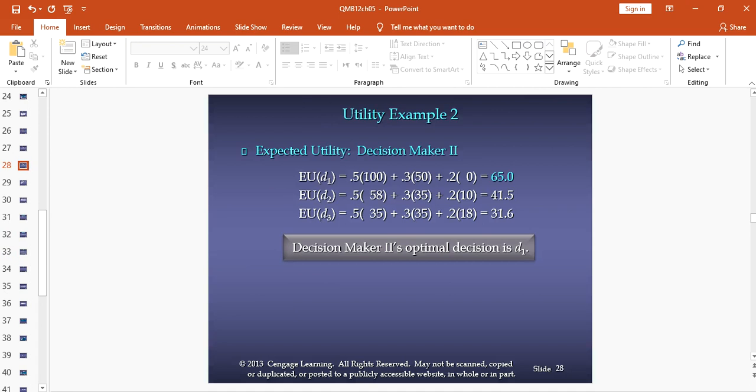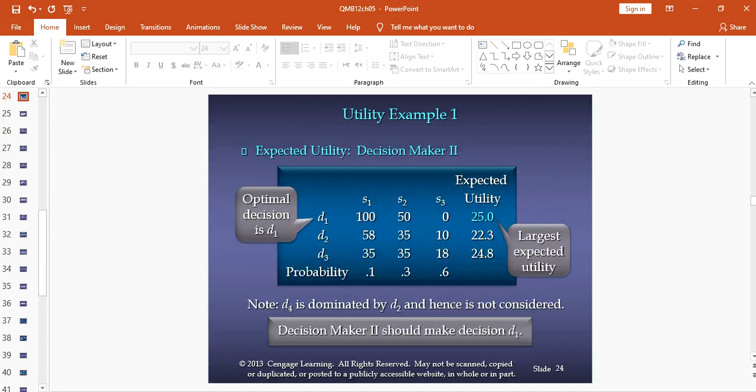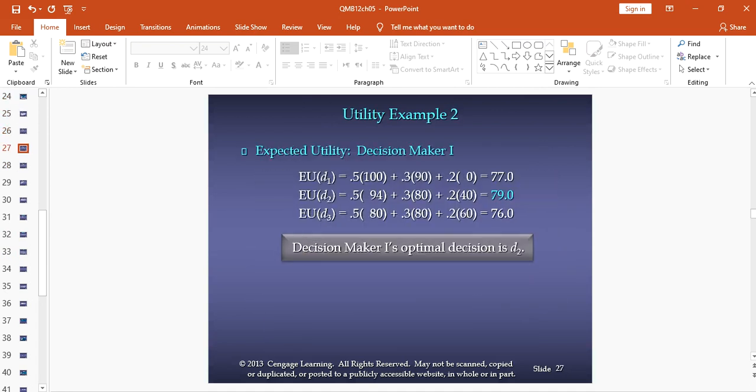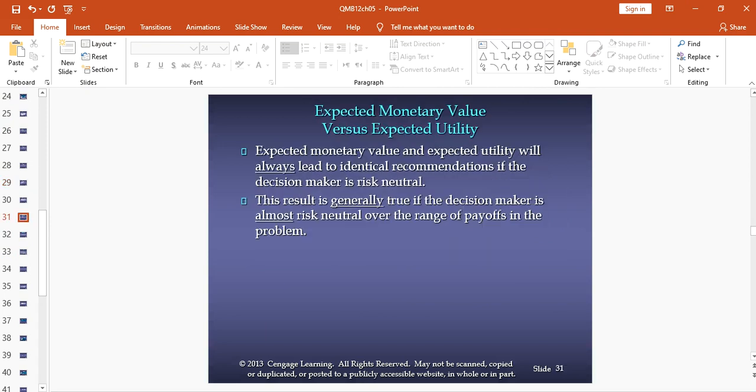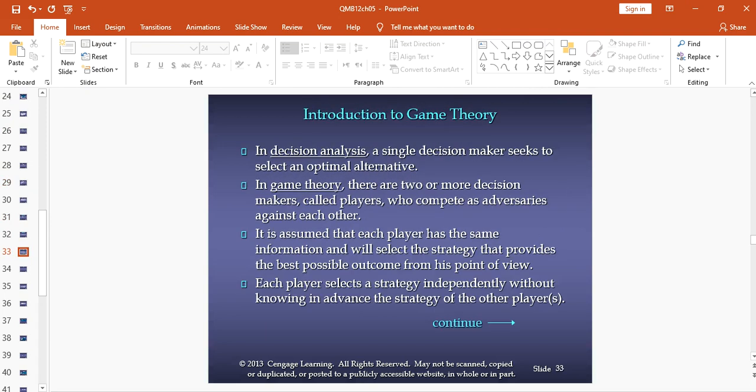So you can go over this example and understand much better what it's about. And now we go to the second part of this lecture, which is game theory.